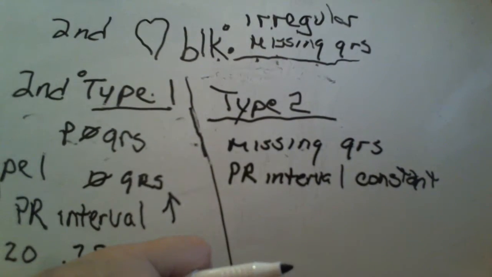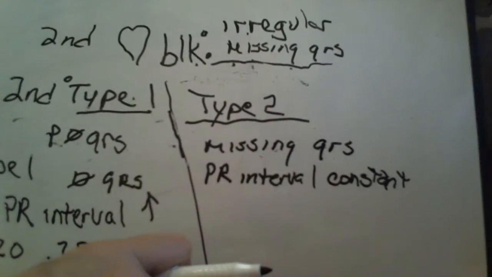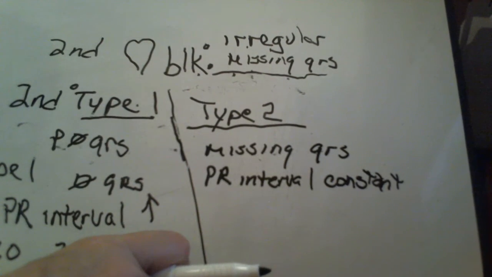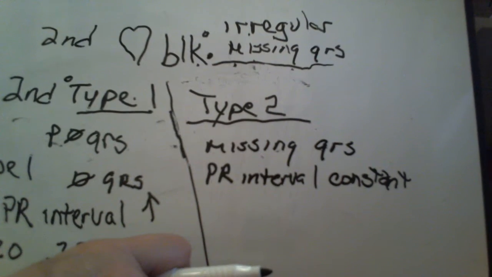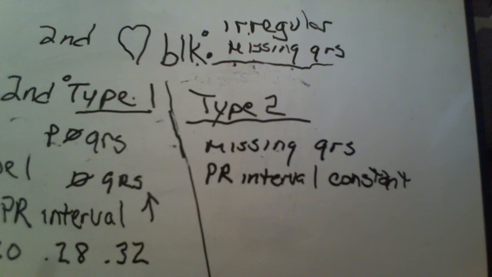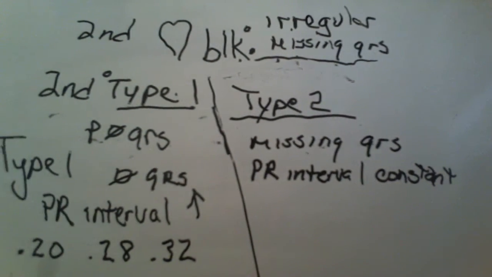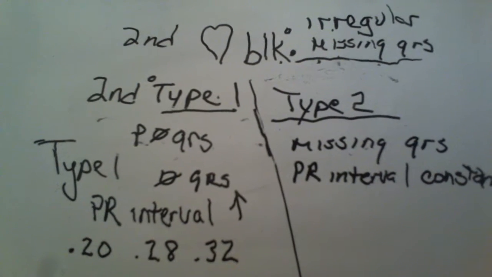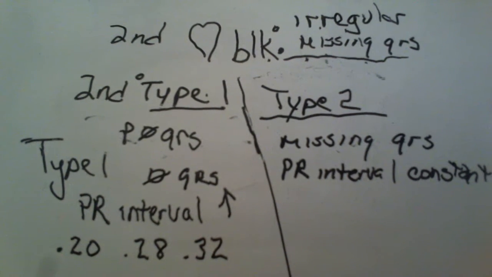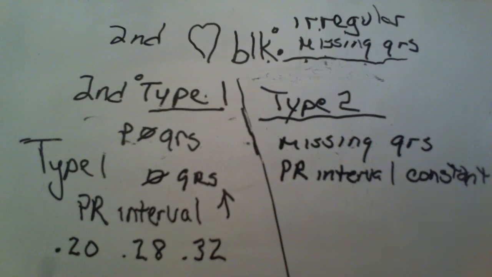So you're missing QRSs, but your PR interval is the same. So you got to be measuring these PR intervals because, again, type 1, you have a PR interval that's greater than 0.20. With second degree type 1, you have a PR interval that keeps getting longer, longer, longer. So if you're not measuring it, you're not going to know that. And with type 2, your PR interval is constant, but you're missing QRSs.